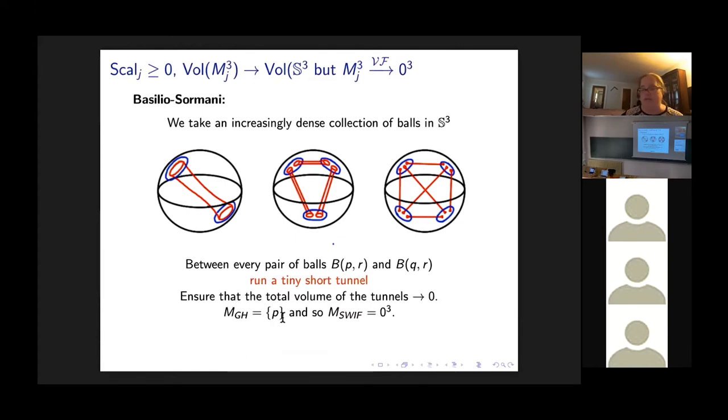So the Gromov-Hausdorff limit is a single point. We've just collapsed the space without any collapsing. There's no volume going down. The volume is actually converging to the volume of the sphere. But the Swift limit will be 0 because the Swift limits are always subsets of the Gromov-Hausdorff limits, and the Swift limits have to be 3-dimensional, and the Gromov-Hausdorff limit is 0-dimensional, so it has to be the 0 space.